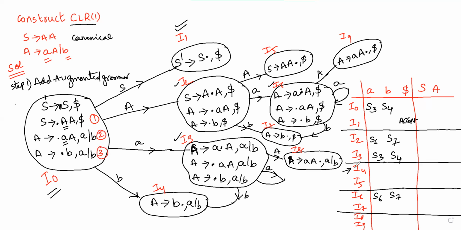Now I4 of small a. Here the dot came at the end, so A tends to B dot appears at the end. If the dot appears at the end, this is called a reduce move.